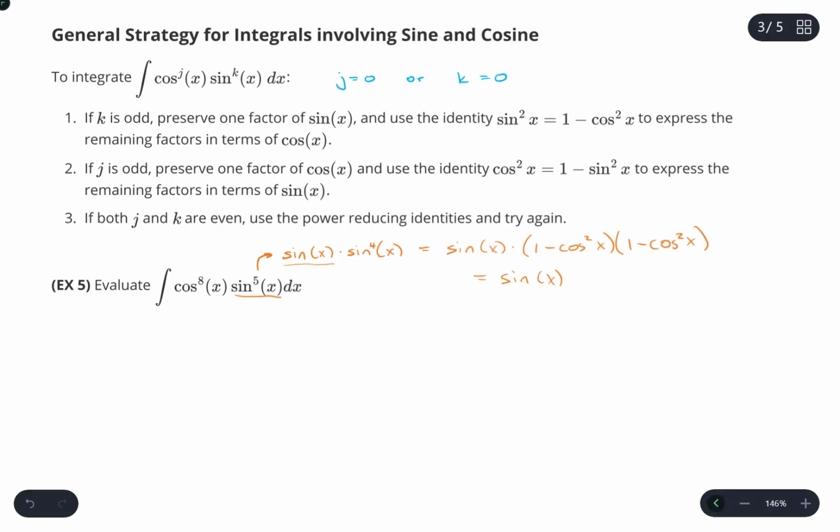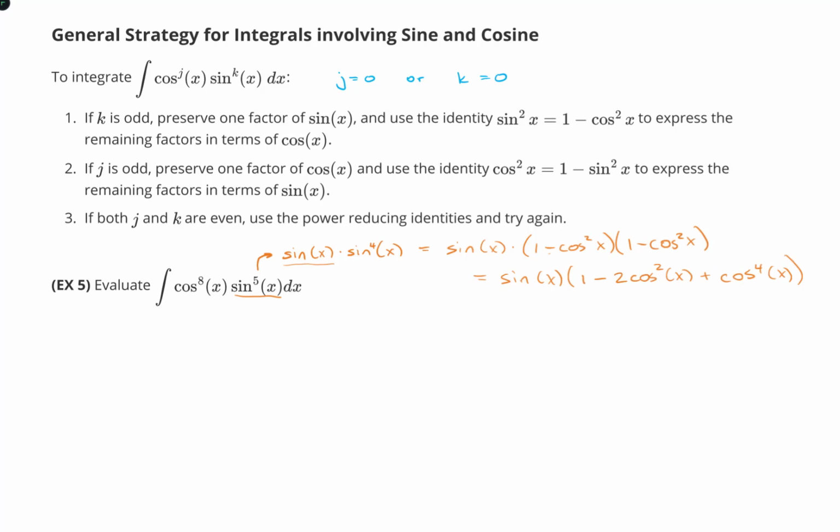So 1 times 1 is 1. 1 times negative cosine squared is negative cosine squared, but then I have another matching factor, so it's actually minus 2 cosine squared x. And then negative times negative would be positive, so plus cosine to the 4th of x.